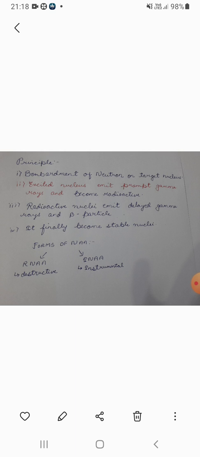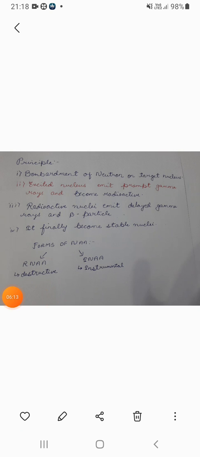Now, in neutron activation analysis, what do we do? We do bombardment of neutrons. So we should know the sources of neutrons in neutron activation analysis. The nuclear reactor can act as the source of neutrons.